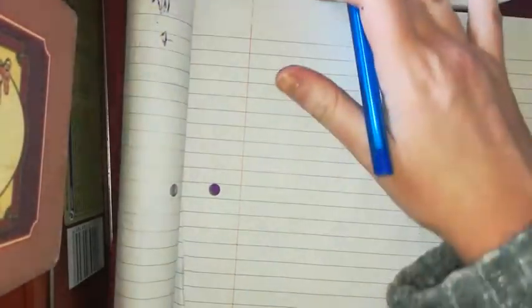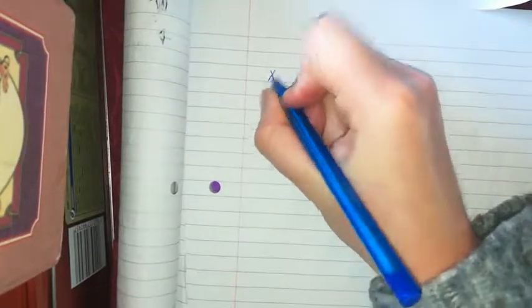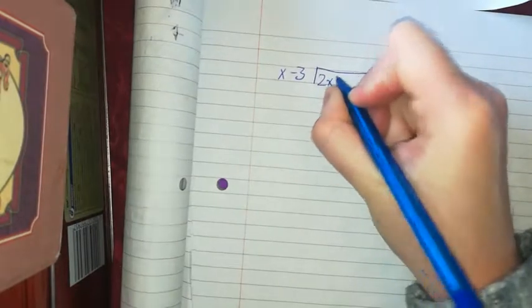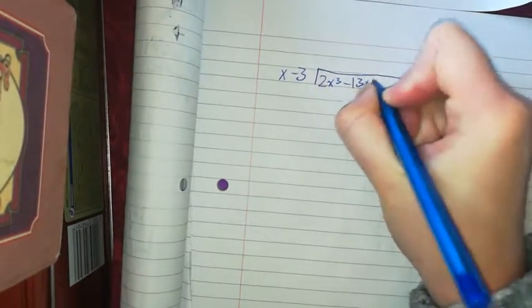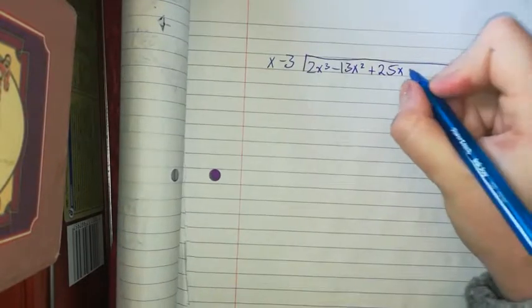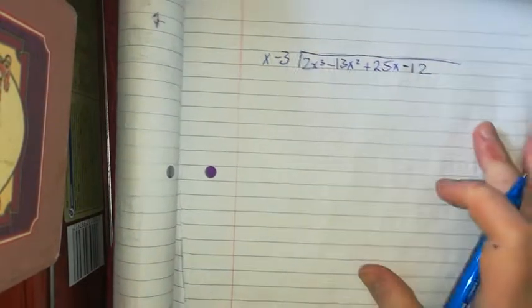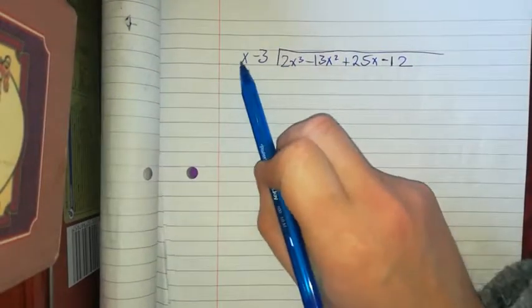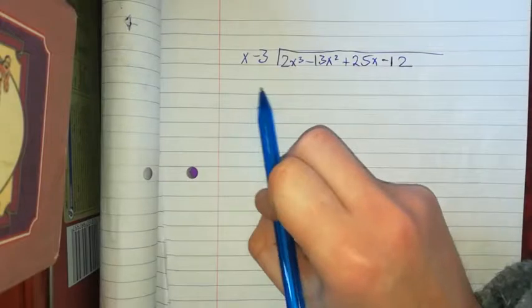So if you thought that we do long division, you're exactly right. So x minus 3 and then 2x cubed minus 13x squared plus 25x minus 12. What do I have to multiply x by to get 2x cubed?